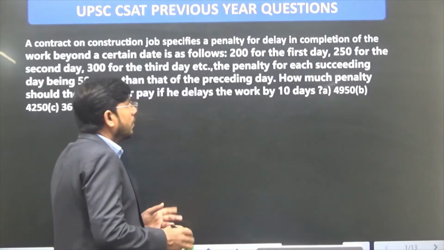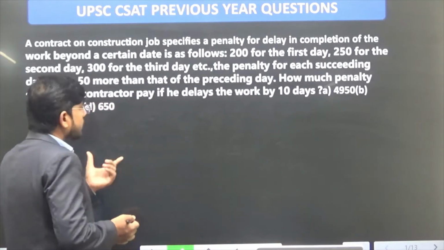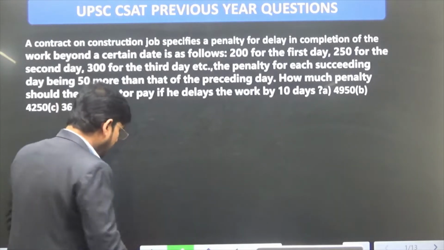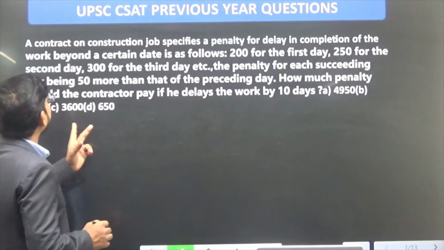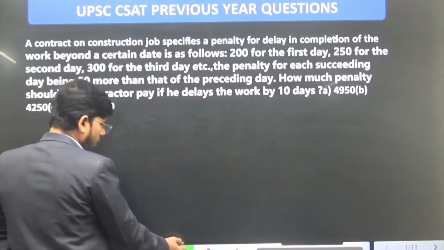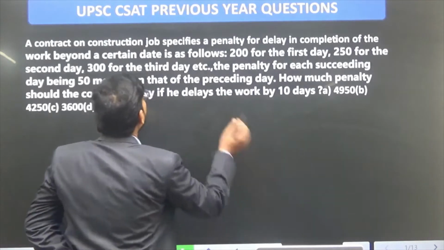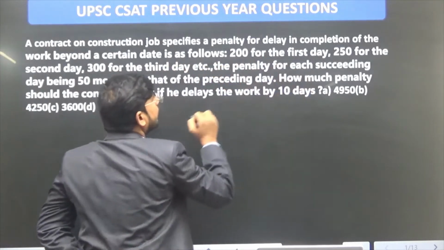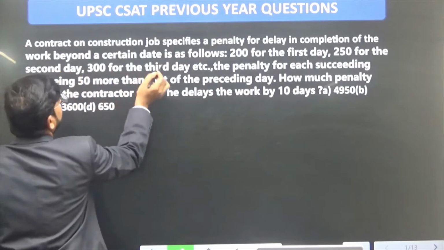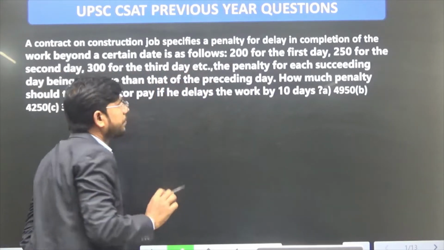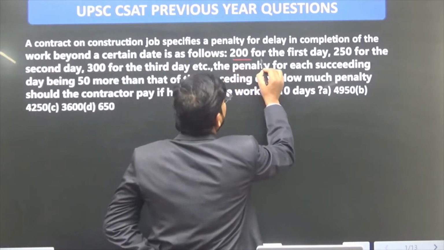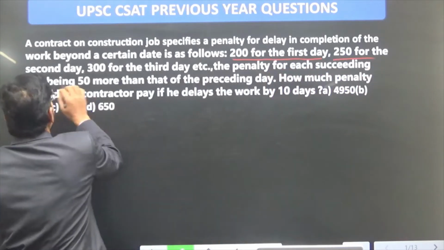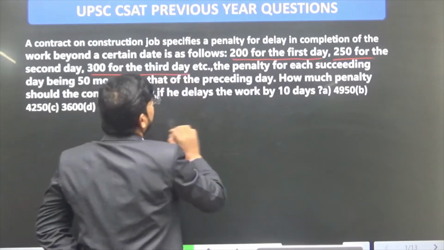So this question has been asked in UPSC CSAT Paper 2 in 2011. What is the question? A contract on construction job specifies a penalty for delay in completion of the work beyond a certain date as follows: 200 for the first day, 250 for the second day and 300 for the third day and so on.